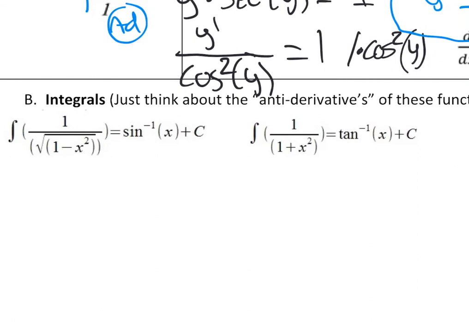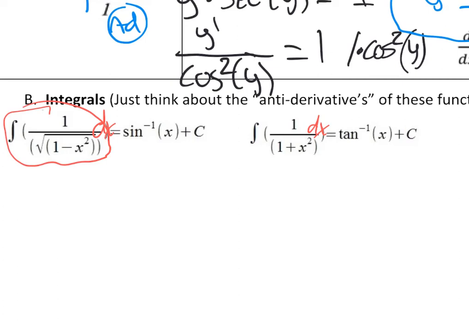We only have to worry about one integral. Just think of it as the antiderivative, right? So there's the integral of that. I should have a dx there. The integral of 1 over the square root of 1 minus x squared dx is sine inverse.